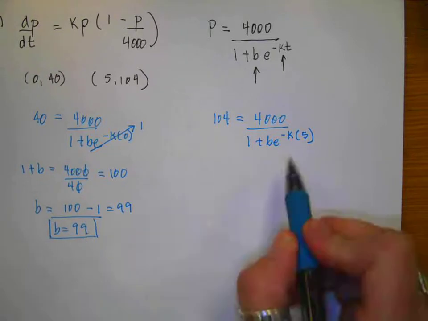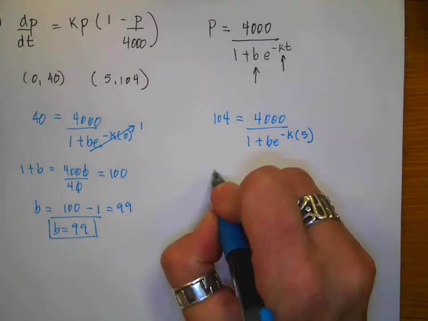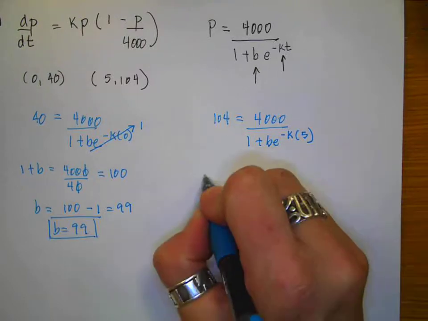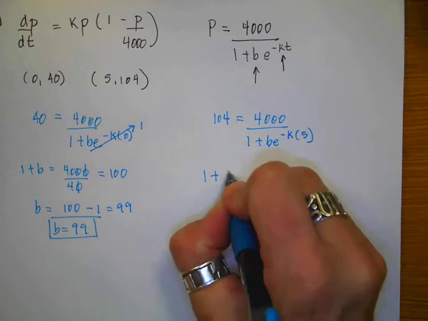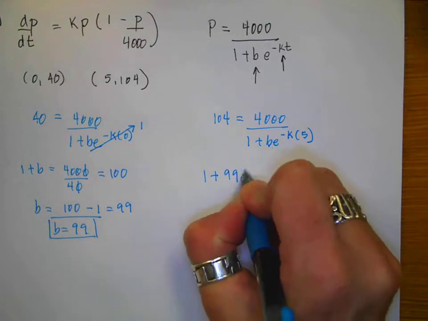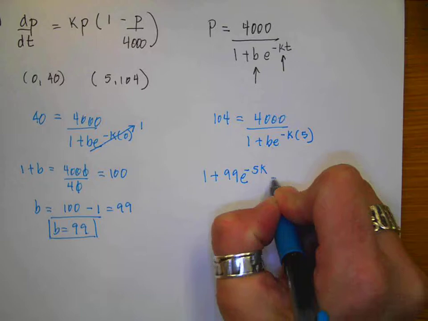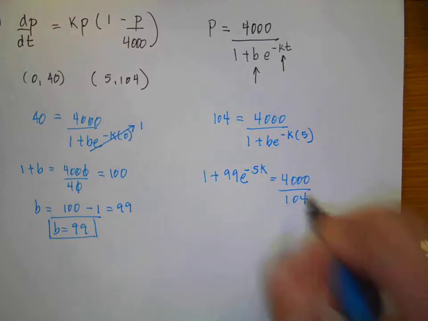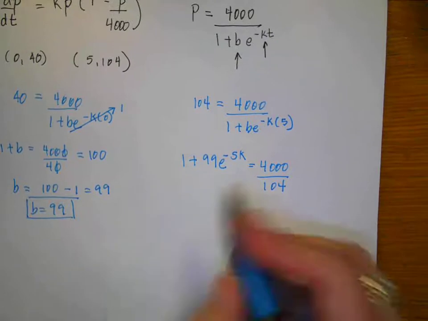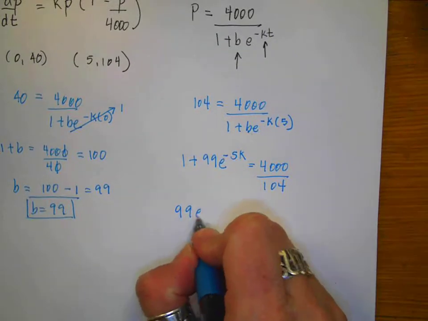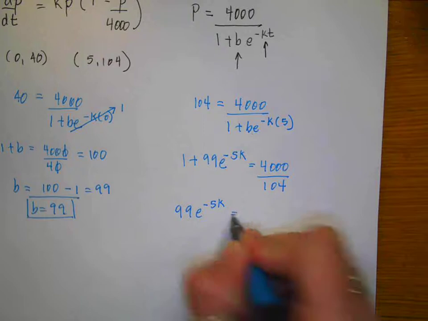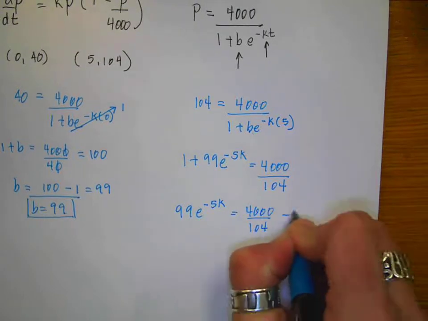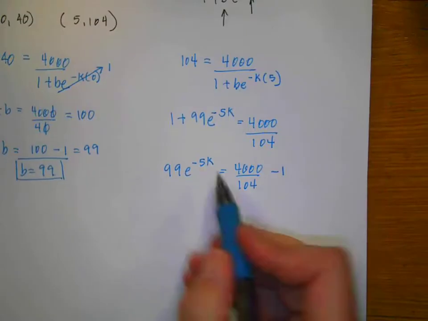So now what I'm going to do is substitute this into here. I'm going to go ahead and cross multiply as I substitute it in. So 1 plus 99 e to the negative 5k is equal to 4,000 divided by 104. Okay, subtract the 1. 99 e to the negative 5k is equal to, and I'm not going to do this math until the very end, 4,000 over 104 minus 1.